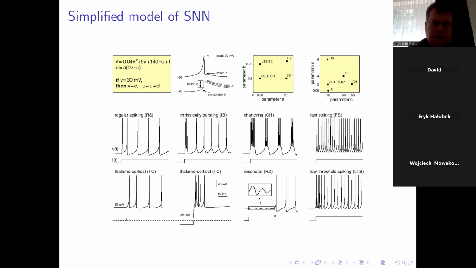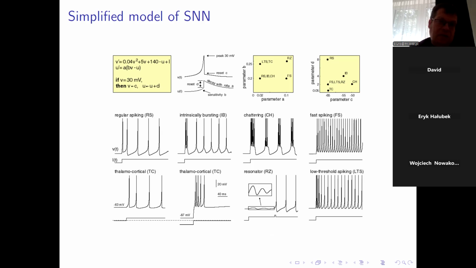So in a simplified version of the spiking neural network, the model you have seen before was kind of biologically referenced. Some people have created a model which is highly reduced in complexity but still keeps the main part of the behavior.